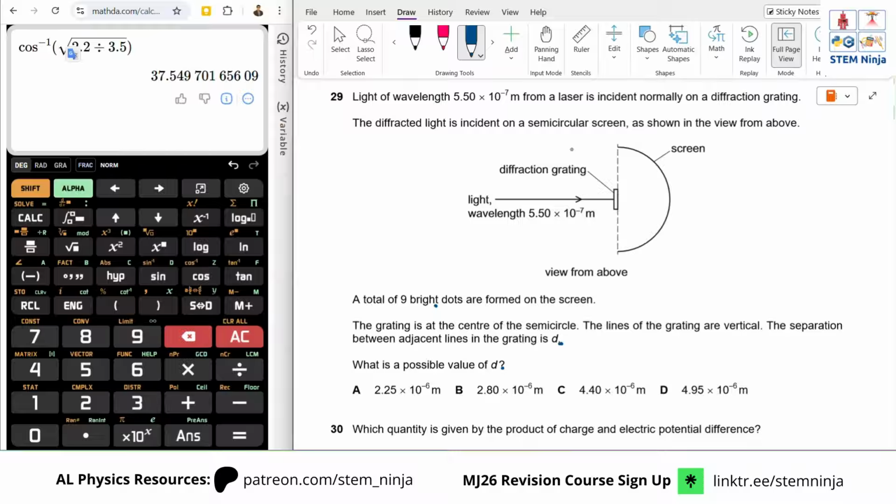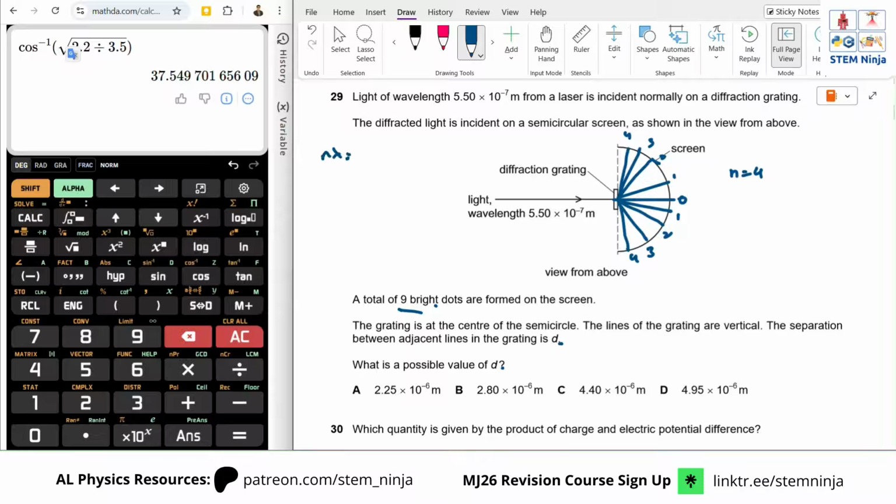Okay, so remember, a total of 9 bright spots would mean that you have one zero order over here. Then you have 1, 2, 3, 4 on one side and 1, 2, 3, 4 on the other. So at the most you are looking at fourth order, so n is equal to 4.